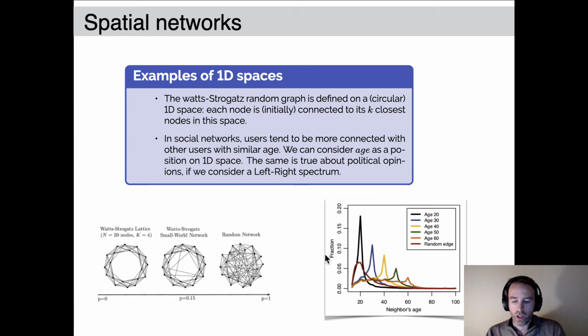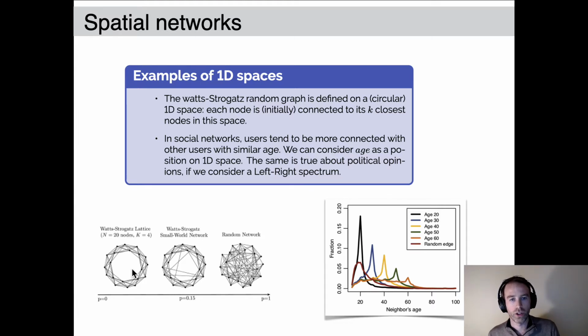So, as I said, there are many different spaces in which a network can be embedded. We have already seen examples of one-dimensional space, with the Watts-Strogatz random graph, in which, if you remember, nodes are located on a circle. So it's a circular one-dimensional space.